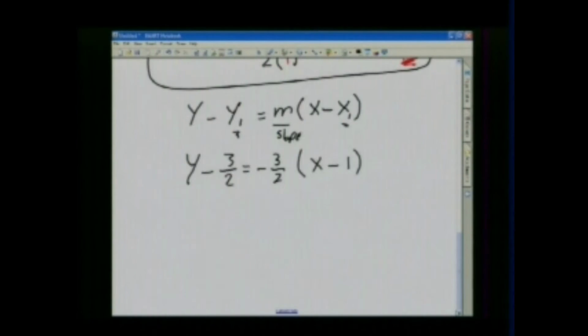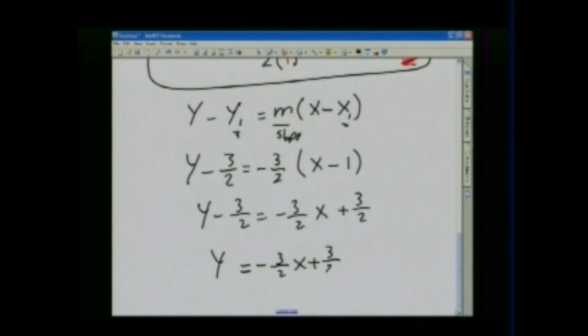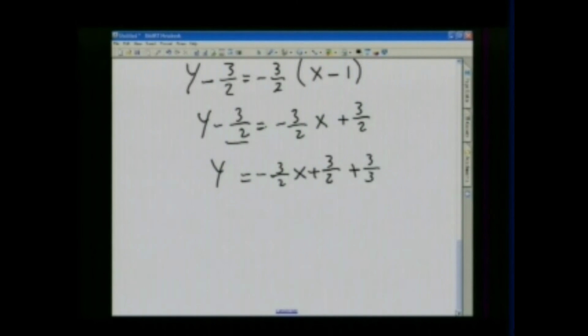If I simplify this, y minus 3/2 equals minus 3/2 x plus 3/2. So y is equal to minus 3/2 x plus 3/2, and taking this 3/2 to the other side, it also becomes plus 3/2. Therefore, y is equal to minus 3/2 x plus 3.